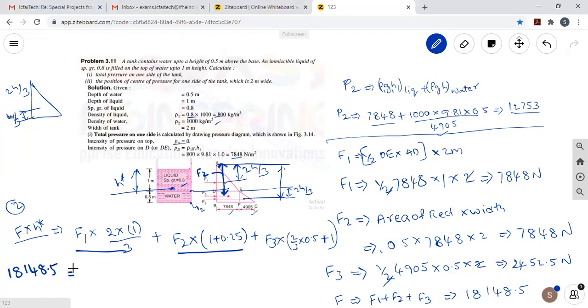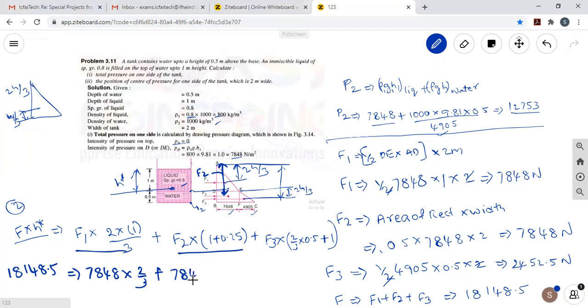Now I know the total force, that value is 18148.5, which is equals to, what is F1? I know this also, 7848 into 2 by 3, plus what is F2?